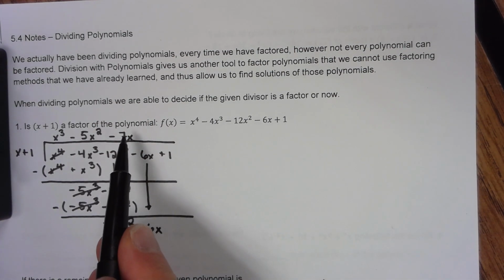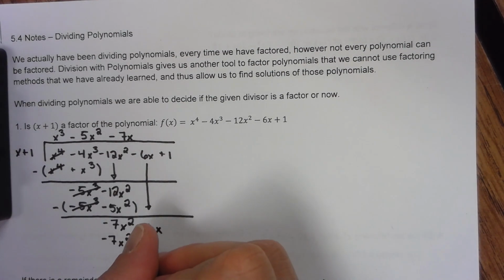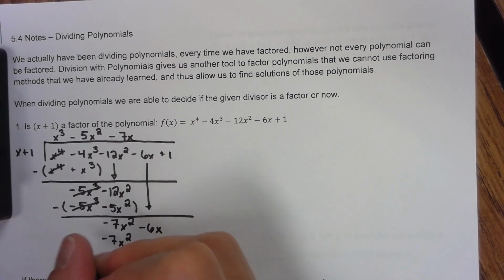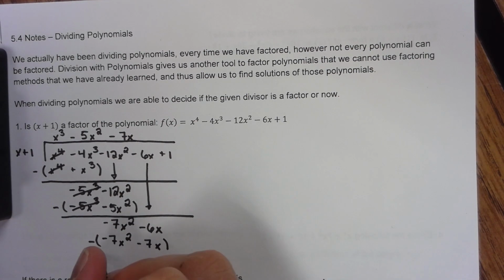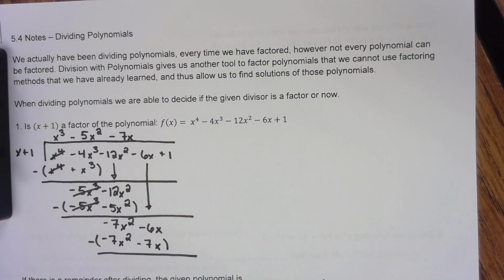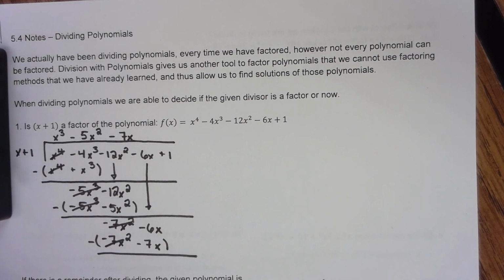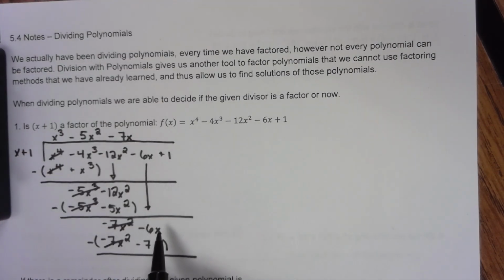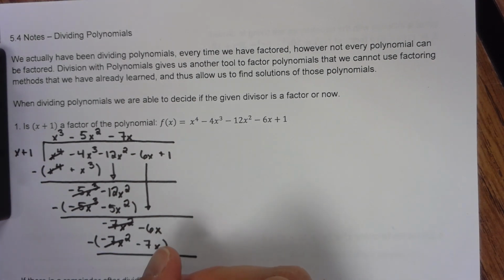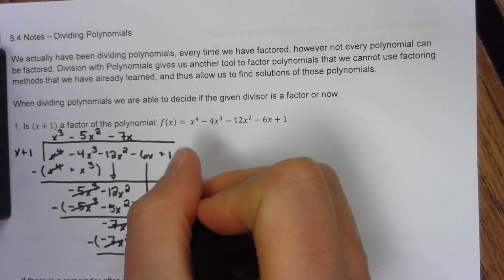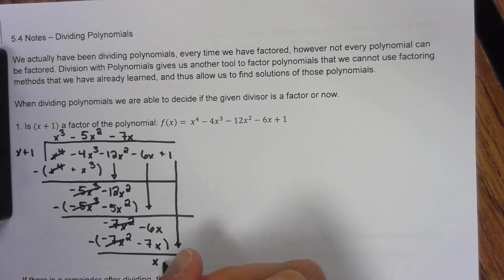And that -7x also needs to multiply to the +1, so -7x. And once again, we're subtracting. So -7x squared minus the -7x squared, those cancel. And then I have -6x minus -7x. We're really adding 7x, making this a +x and +1.